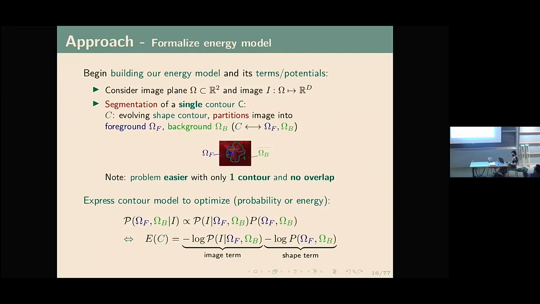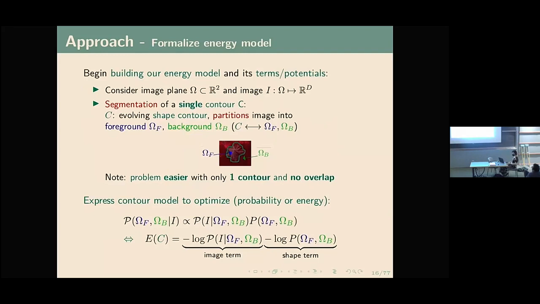In this case, the quality of the partition can be expressed probabilistically using Bayes' rule. Alternatively, by applying the log, we can express the product of probabilities as a sum of energy terms. However you like to think about it, in order to find the contour configuration with a maximum a posteriori, we minimize this term or maximize that one, however you like.